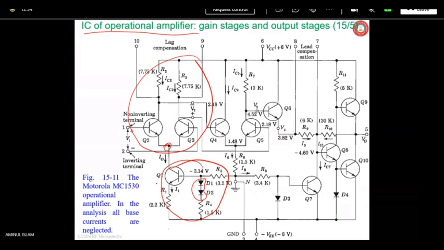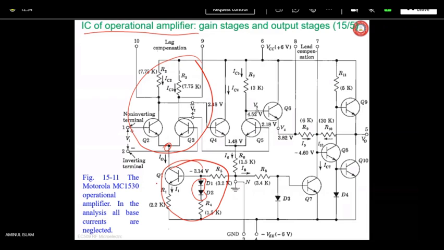If you have the current gain term, in this equation HFE is the current gain, and you have the 26 millivolt, and IC equals 1 microampere, that is 10 to the power minus 6. Putting this value, we get HIE equals 130 mega ohm. Could you understand, Aman? Yes, sir.